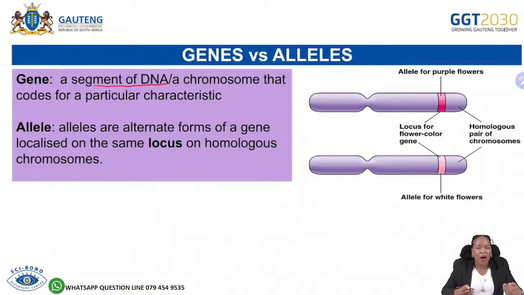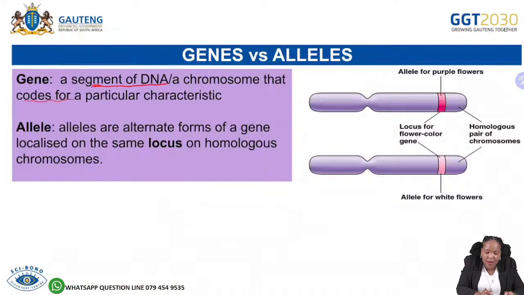So what are we saying in essence? We are saying that you have inherited the DNA from your mother and your father. And with the previous topics, you know where you find the DNA. Now, on this DNA, there are segments of genes, these segments that are coding for particular characteristics.